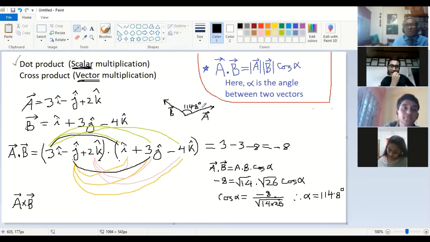You understand now? Yes, sir. So the dot product is basically used for finding the angle between two vectors. This is very, very important.